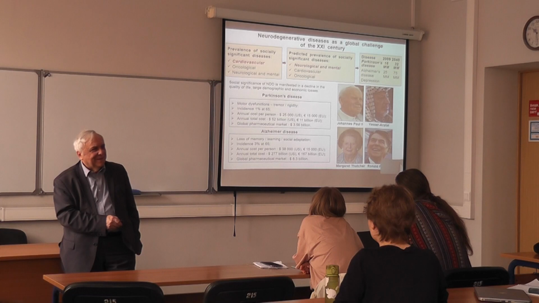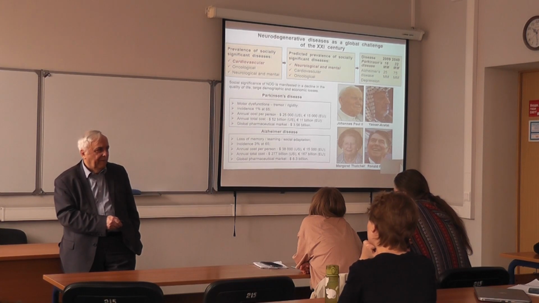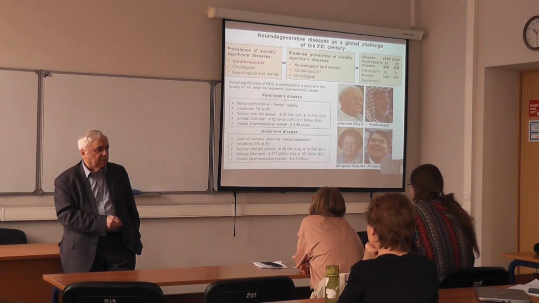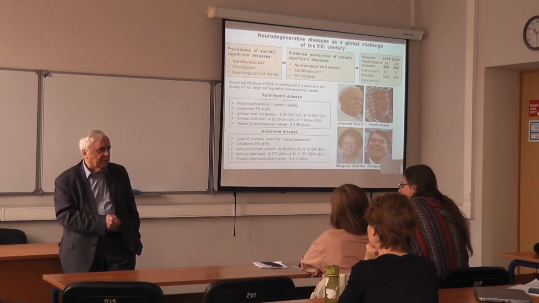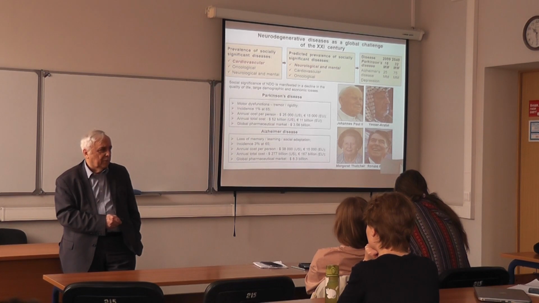But still, in Russia, there are 200,000 people with Parkinson's disease, and most probably, according to mathematical extrapolation, there might be up to 500,000 Parkinson's patients. And for Alzheimer's disease, the figure is much higher. About 1.5 million people suffer from Alzheimer's disease in our country. This is a great number.